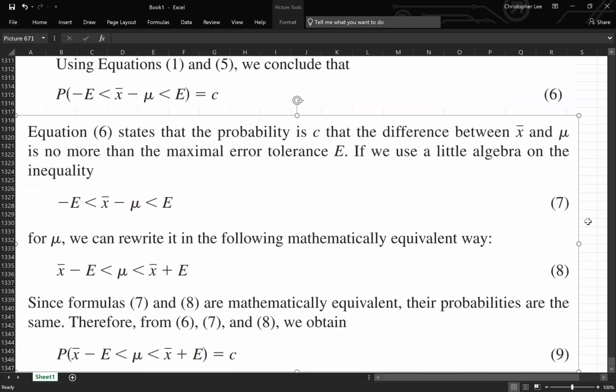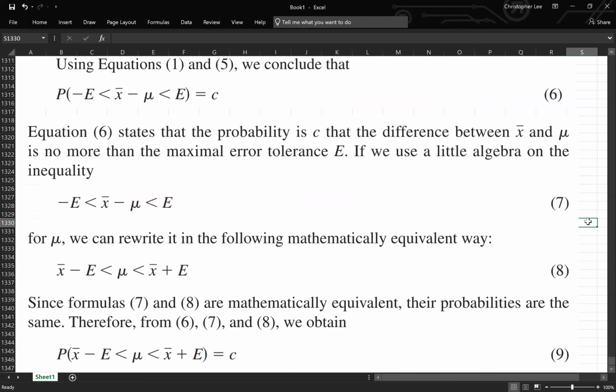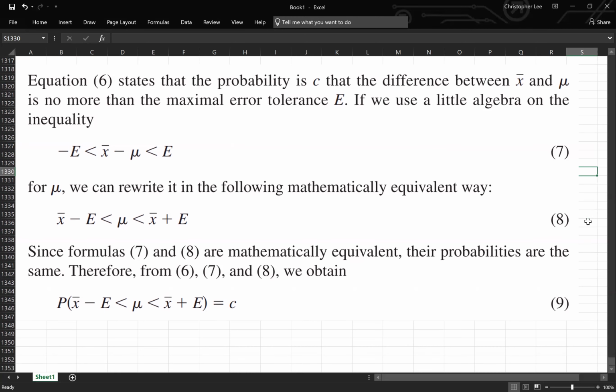So equation 6 states that the probability is C that the difference between X bar and mu is no more than the maximal error tolerance E. If we use a little algebra on the inequality, we have negative E less than X bar minus mu less than E. For mu, we can rewrite it in the following mathematically equivalent way as X bar minus the error less than mu less than X bar plus the error.